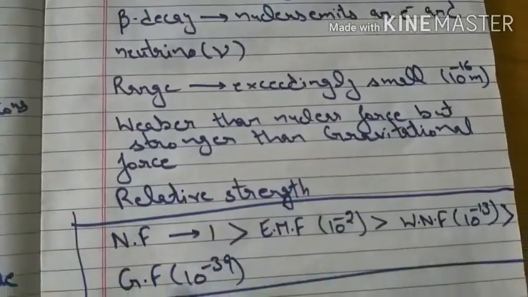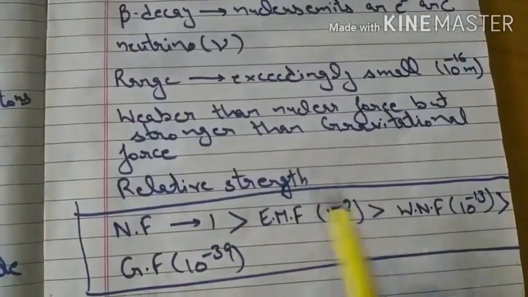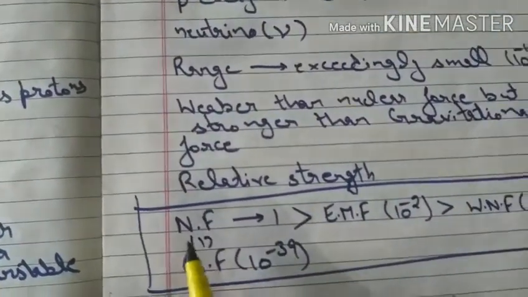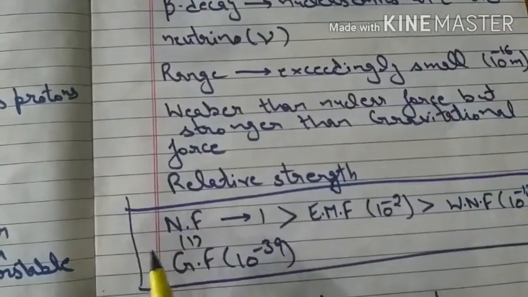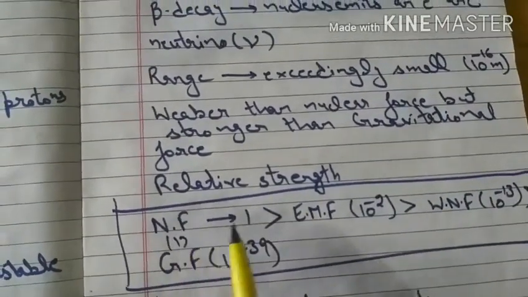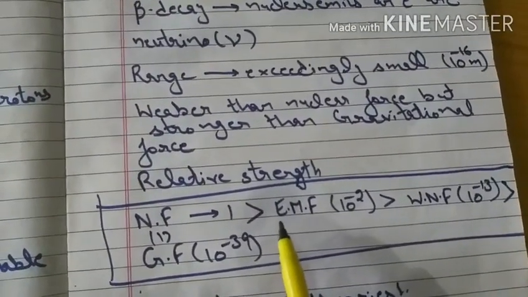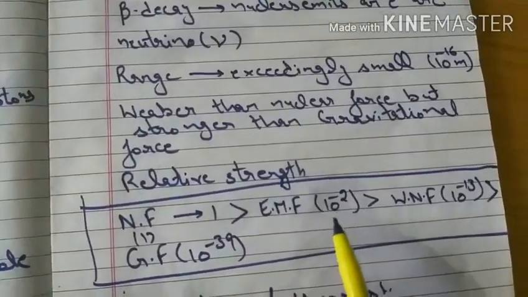And here's the table for relative strength of all the forces. If we suppose the strength of nuclear forces as 1, as we all know, nuclear forces are the strongest forces in nature, and the second strongest forces are electromagnetic forces.